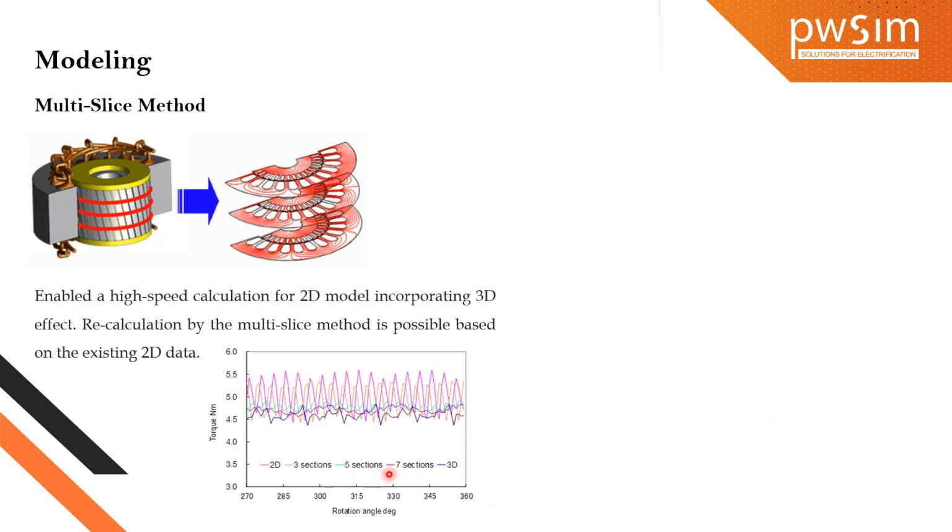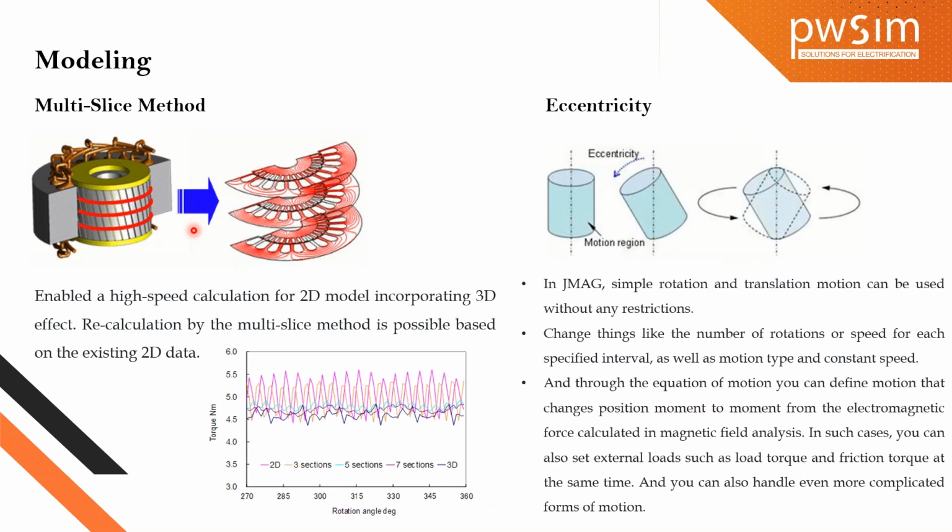We can define the sections for the skew, define the skew angle, and get the same type of torque curve as a 3D analysis. We can get the results in a faster time compared to 3D simulations. That is the benefit of this multi-slice method.